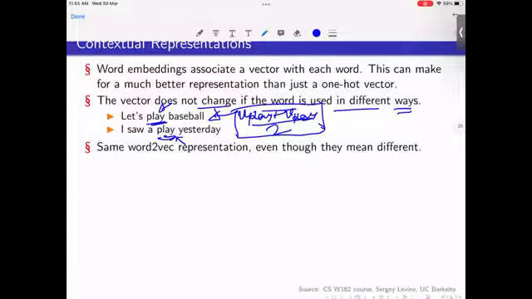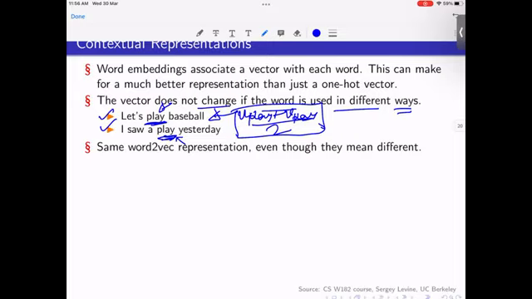Okay, so if we now have these two sentences, and we don't have a different representation for the same word used in different contexts, then the downstream task can be bad actually.